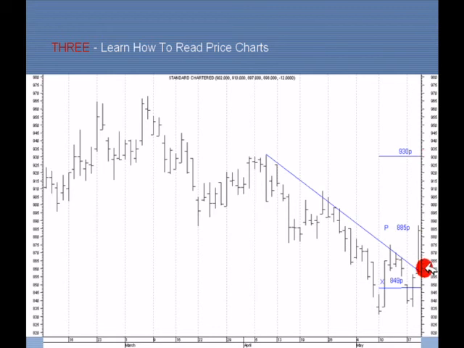Because obviously if it goes back beneath the downtrend line, then the odds are against it continuing higher, and I know I'm wrong. So I put the stop loss, say, around there, 849 pence, because if it were to fall back beneath that, it's obviously not going back into its downward trend, and I've just said I'm buying it because I think it's broken the downward trend. Do you see the reasoning?